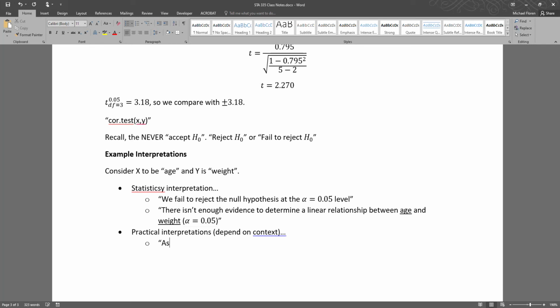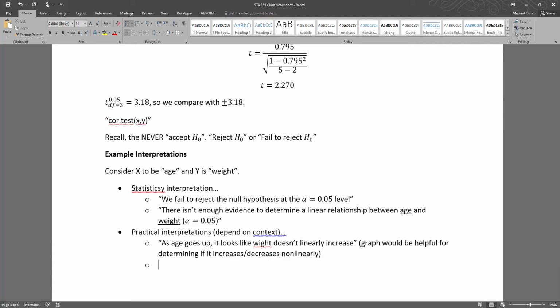So maybe one explanation would be something like, as age goes up, it looks like weight doesn't linearly increase. And maybe a graph would be helpful for determining if it increases or decreases non-linearly.